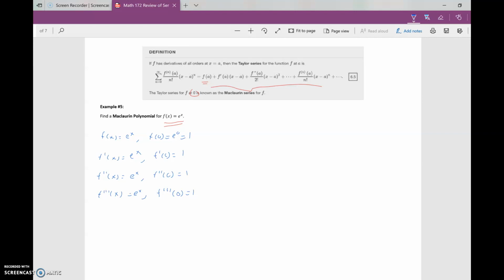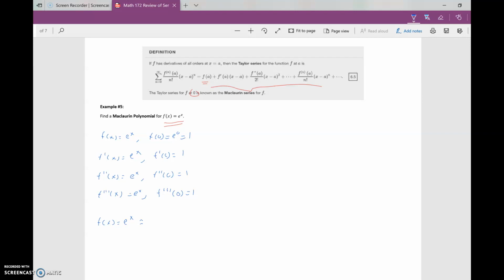And in this case, your function f of x, which is equal to e to the x, can be approximated by the following formula. So you start with f of a, in this case f of 0.